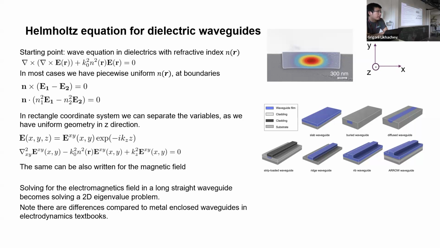Basically, we can imagine that in 3D space, the wave field is the mode field times the propagation factor. So we can do this separation of variables, like what you learned in mathematical physics. You can write the electric field E(x,y,z) with one component that depends only on x and y, which is the cross section of the waveguide, and another exponential factor that depends only on z, which is along the waveguide.